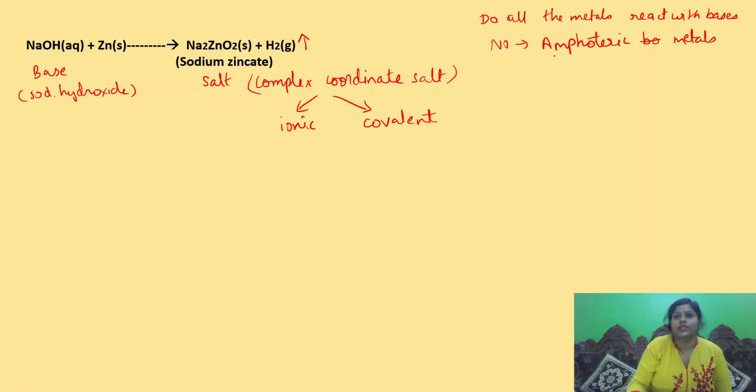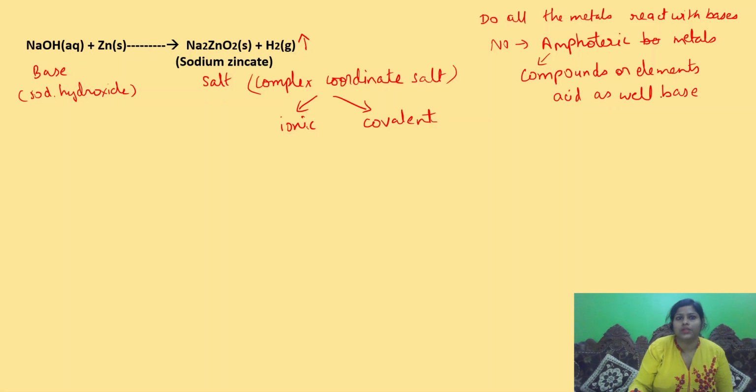What are amphoteric metals? Those compounds or elements which behave as acid as well as base, right? Now we can take some more examples. Here are the examples of amphoteric metals like aluminium, zinc. Zinc, we have already taken this reaction. This is amphoteric.